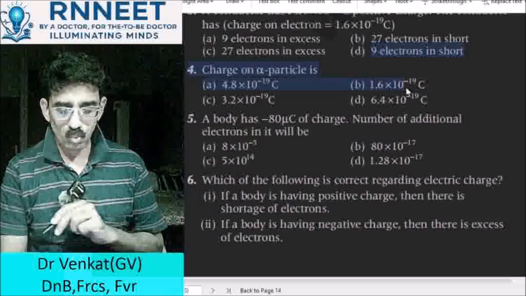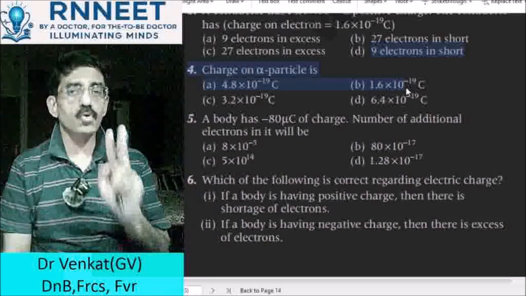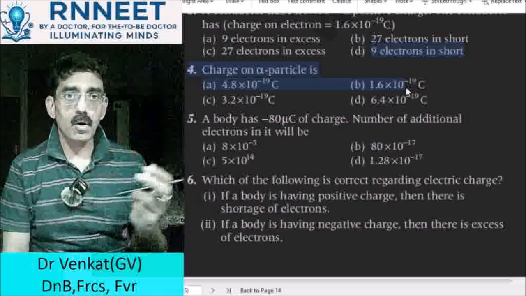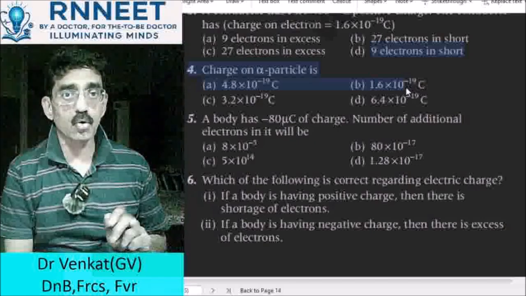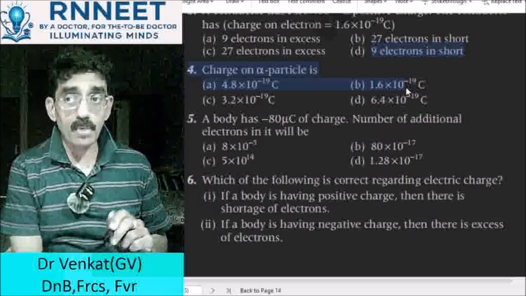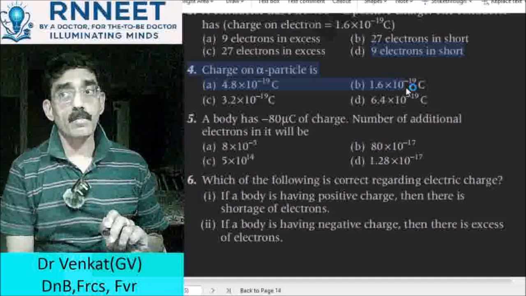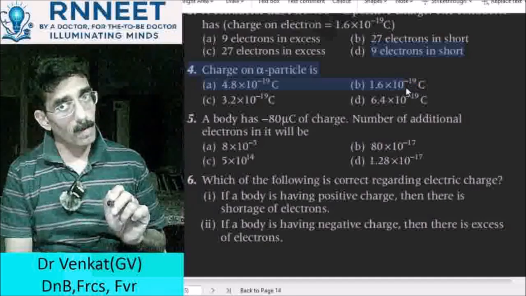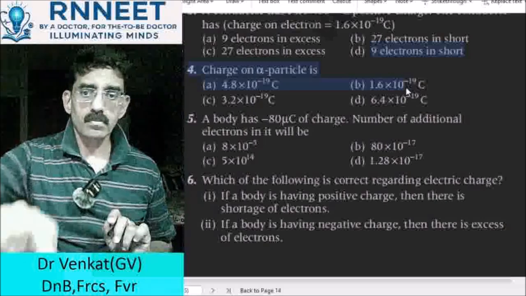So what is the charge on an alpha particle? Plus 2. The atomic number is going to be 2 and the atomic mass is therefore 4.